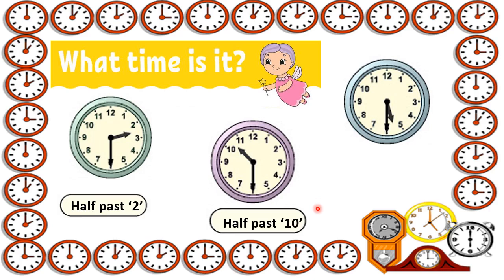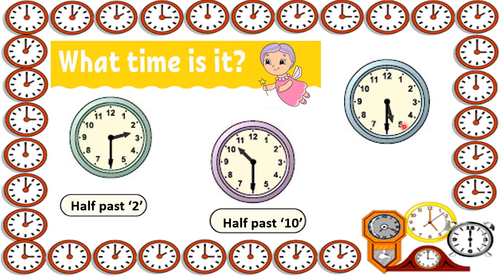Now here, come on, this clock. You see, where is the minute hand? Where is the longer hand? It's pointing on number 6. And where is the small hand? Where is the short hand? Where is the hour hand?